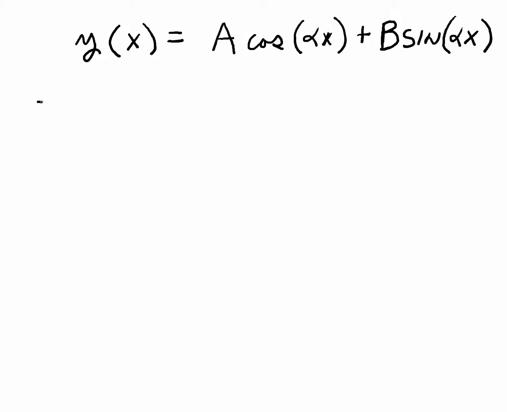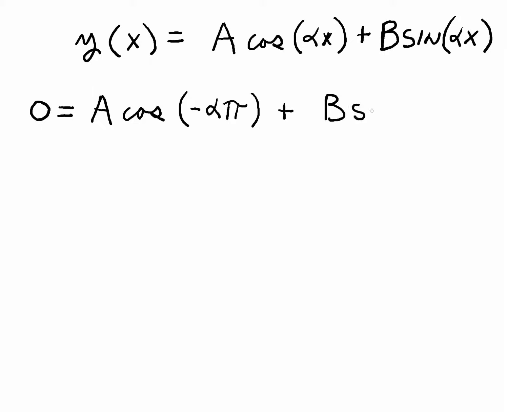The first thing we get is that 0 is equal to, when I plug in minus pi, a cosine minus alpha pi plus b sine minus alpha pi.